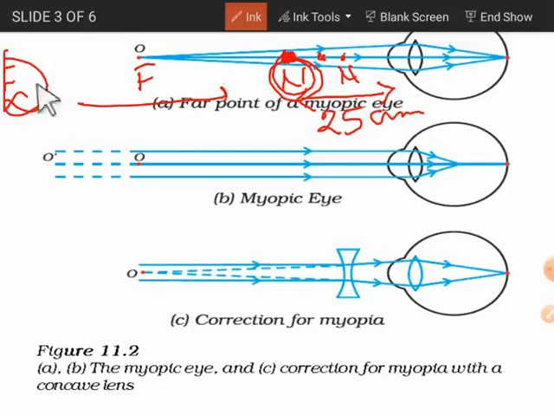The far point, which is at infinity for a normal eye, comes somewhere here.